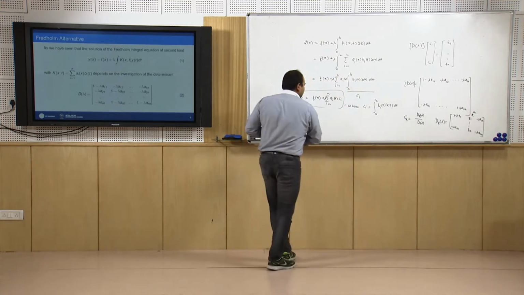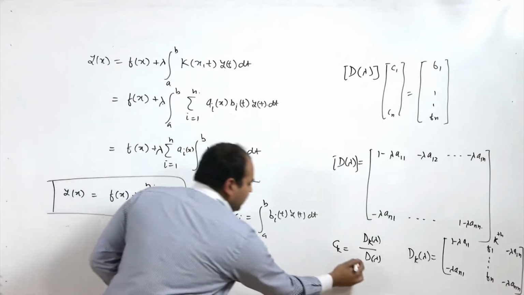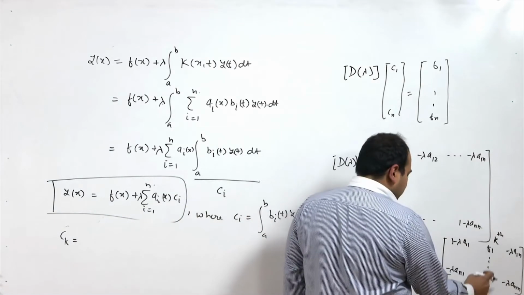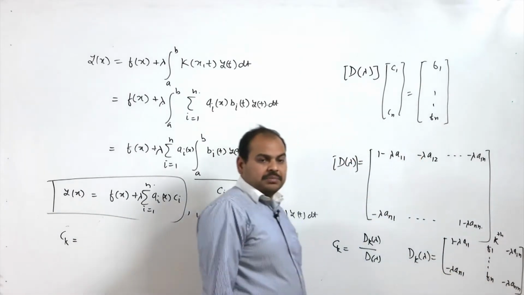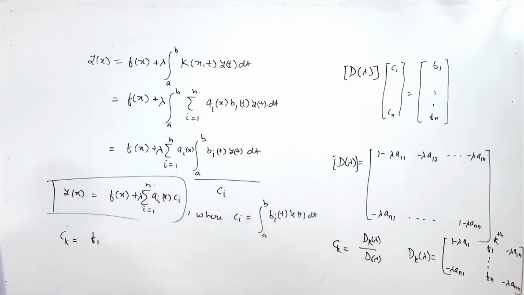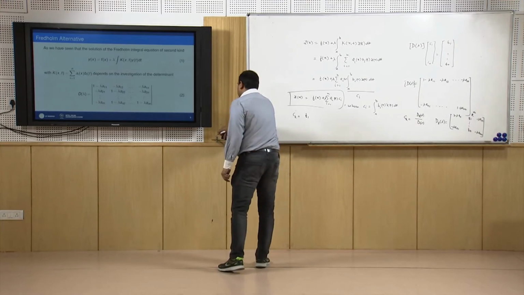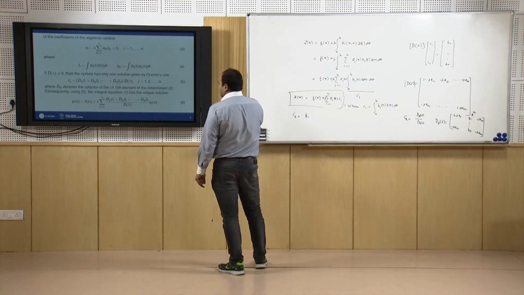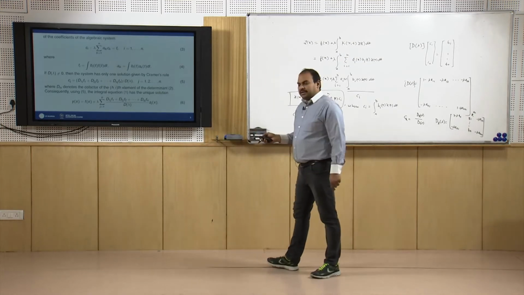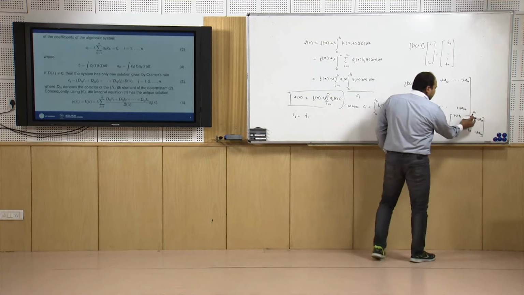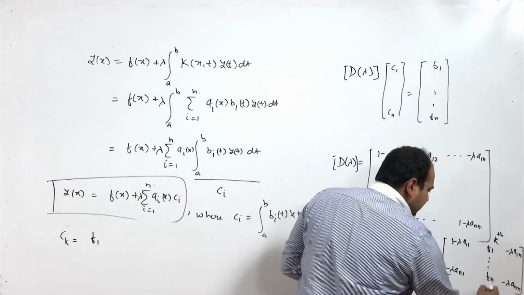So here to find this Ck, let me explain. We can write Ck by expanding this determinant with respect to the kth column. When you expand it, you simply write f1, and then the cofactor. We want to write Cj in terms of f1 to fn with the help of cofactors. You start with f1, and the kth column is gone.